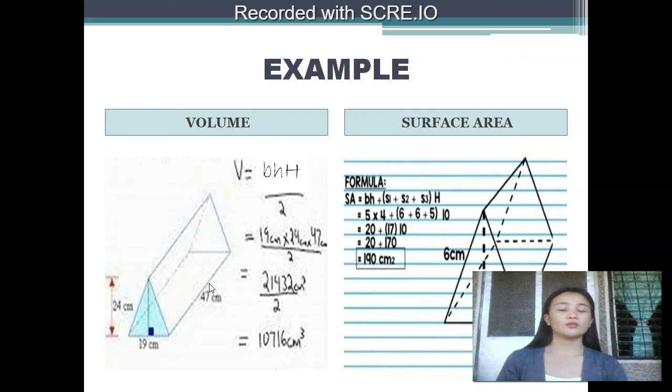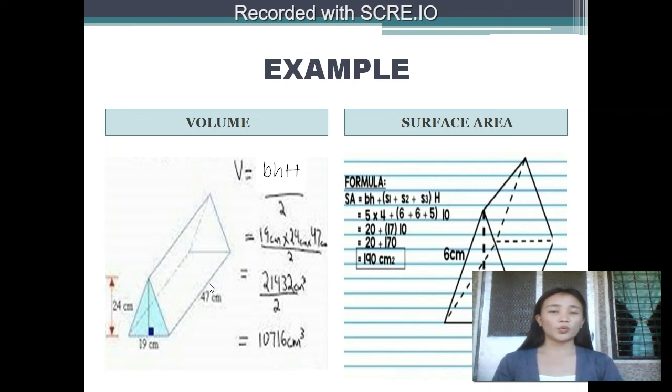Okay. So let's now substitute. SA is equal to base times height, small letter h, which means the height of the triangle. So 5 times 4 plus the quantity of 6, the measure of one side, plus the measure of the other side, which is 6 also, plus 5, the measure of the other side, then multiplied by 10, which is the height of the overall prism.